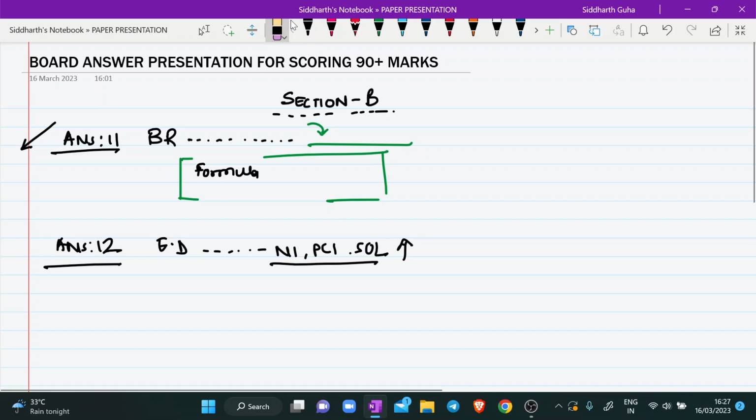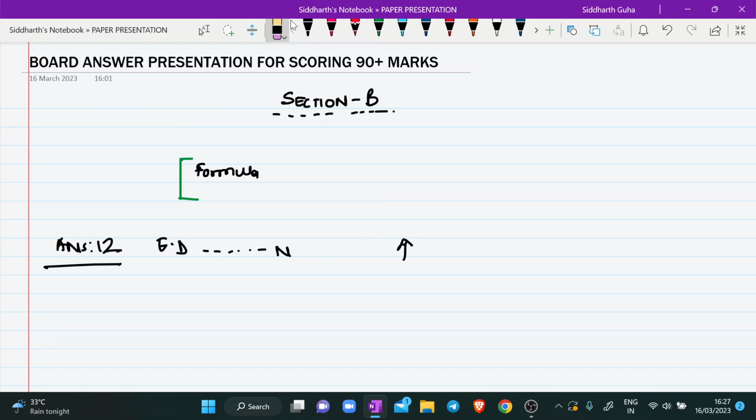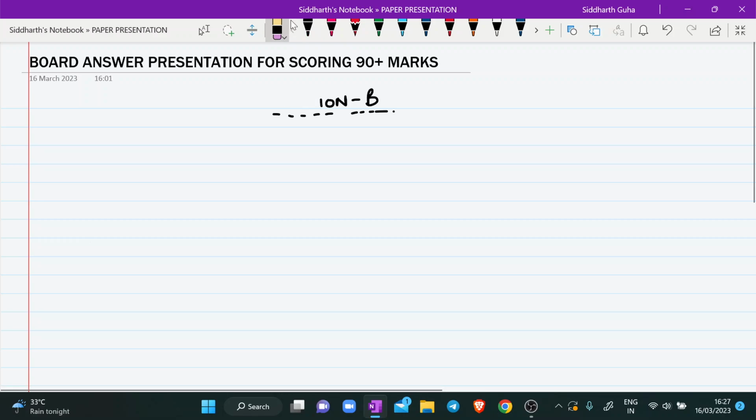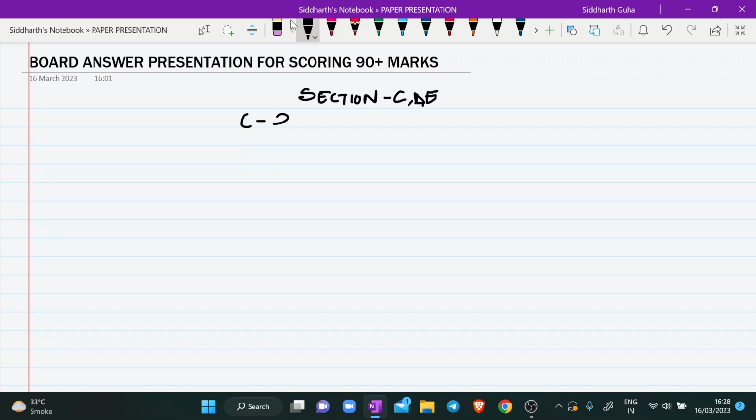Now let's come to the other sections, C, D and E. Whatever I'm trying to say, follow that very strictly. For sections C, D and E, I'm giving you combined advice. C means 2 marks, D means 3 marks, and E means 5 marks.